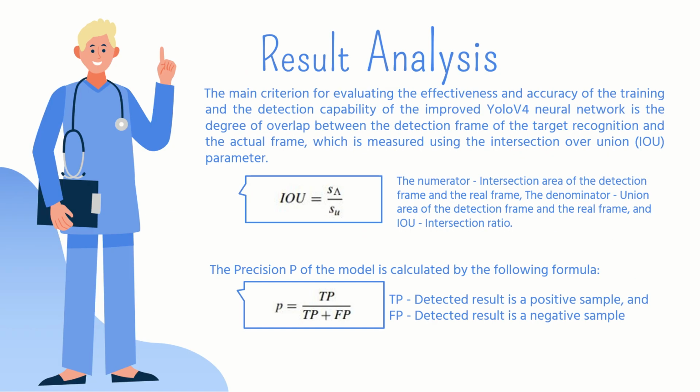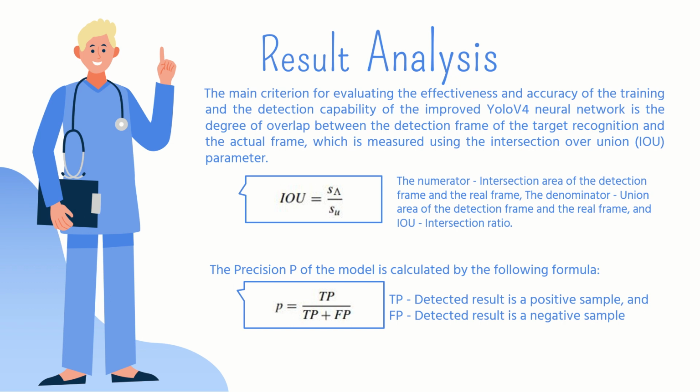So, coming to the result analysis, in order to verify the effect and accuracy of training and the detection ability of this improved YOLO V4 neural network which we use now, it is necessary to judge the degree of overlap between the detection frame and the real frame of the target.